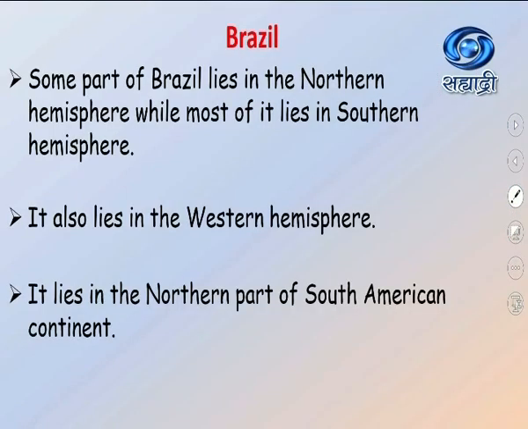Now let's move on to know in detail what we studied about Brazil. Now, some part of Brazil lies in the northern hemisphere, while most of it lies in the southern hemisphere. It also lies in the western hemisphere. It lies in the northern part of the South American continent.